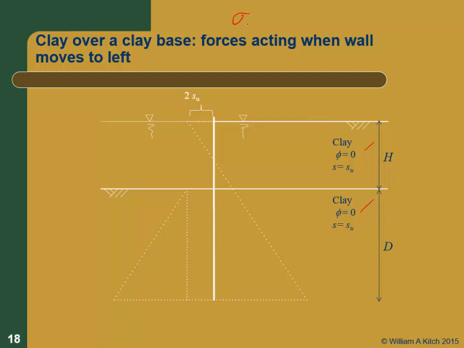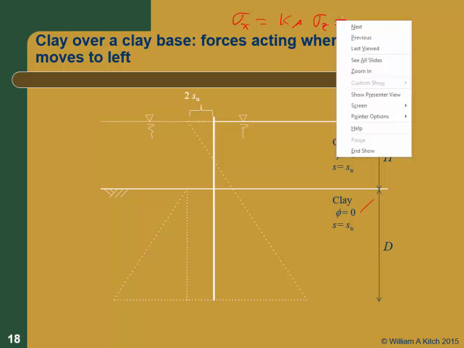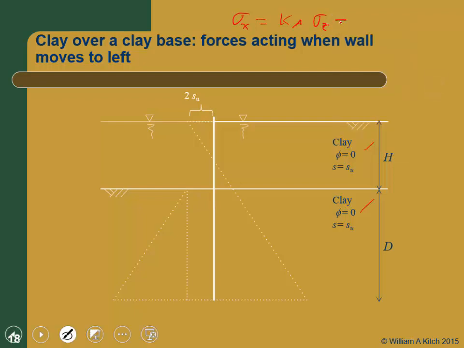Remember that our horizontal earth pressure is going to be equal to Ka times sigma z in the case for the active, minus 2c times the square root of Ka. Well, the K's are equal to 1 in this case. And so sigma x is just equal to sigma z minus 2c.